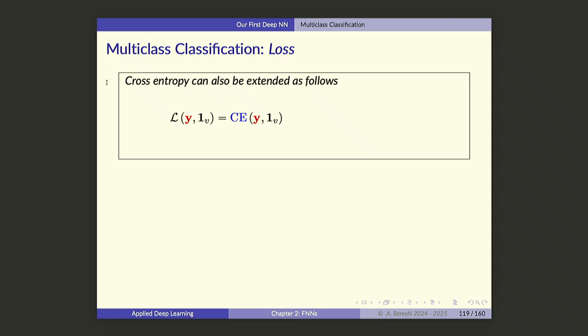Logarithm of 1 divided by 1 minus y, right? This was your cross entropy. Now, what is this? This is the probability of being 1, right? Probability of class 1, right? What is this?